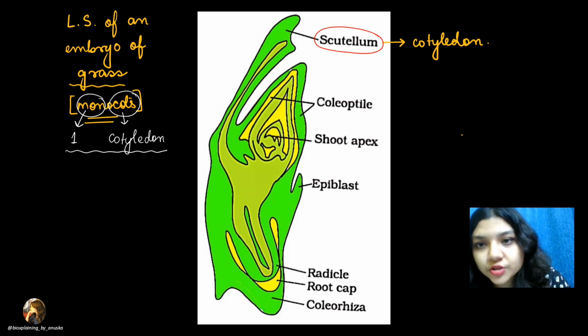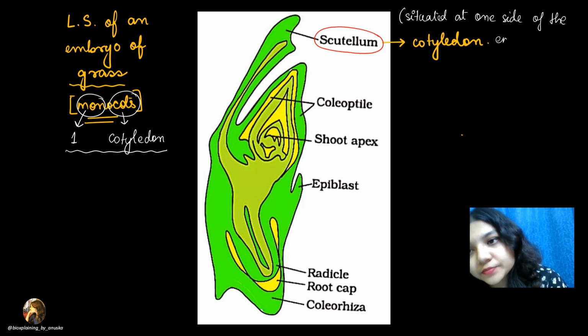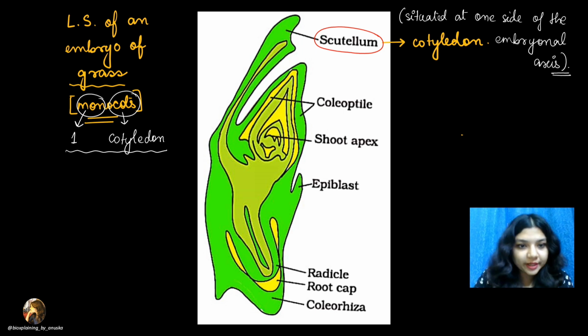Okay, so let me just keep a note of this, that the cotyledon is situated at one side of the embryonal axis.